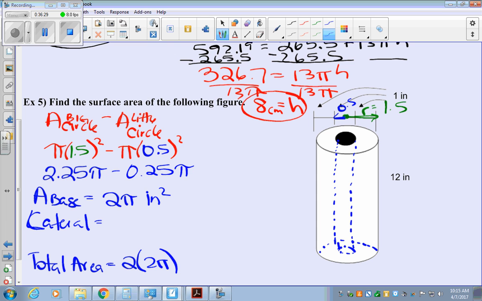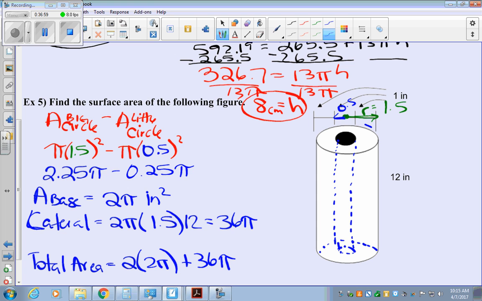It's the circumference of the big circle, which is 2 times pi times 1.5, times the height of that cylinder, which is 12. 2 times 1.5 is 3. 3 times 12 is 36. So the lateral area, the hugging area, is 36 pi.